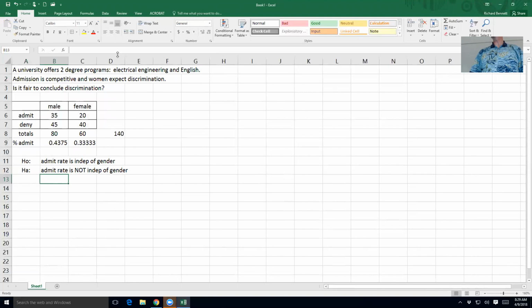We can't prove that it's dependent, but it might not be independent, you know? Is there something biological at this university that allows men to get admitted at a higher rate than women? It's probably not biological, isn't it? Okay? So anyway, statisticians are anal. We're going to say not independent. We're not going to say dependent, okay?